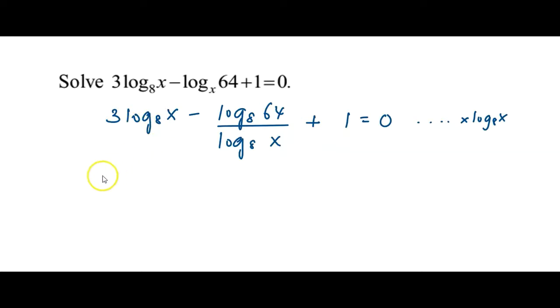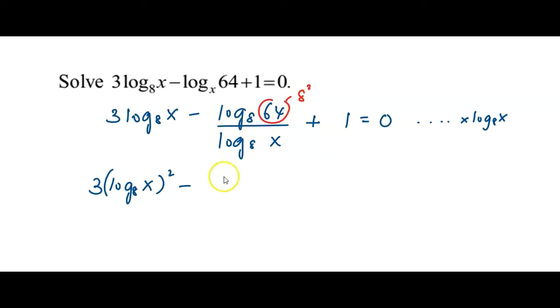So when you multiply the first term by log x to the base of 8, this will become log x to the base of 8 squared. Minus 64 can be written as 8 to the power of 2. So following the laws of log, you can bring the 2 to the front. You get 2 multiplied by log 8 to the base of 8.